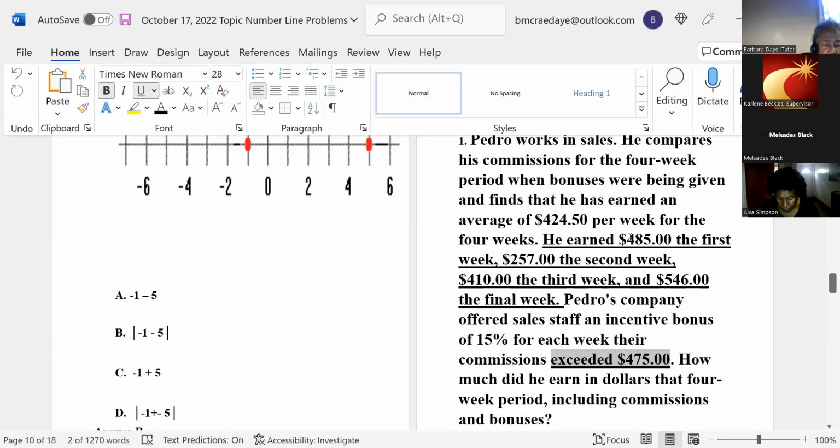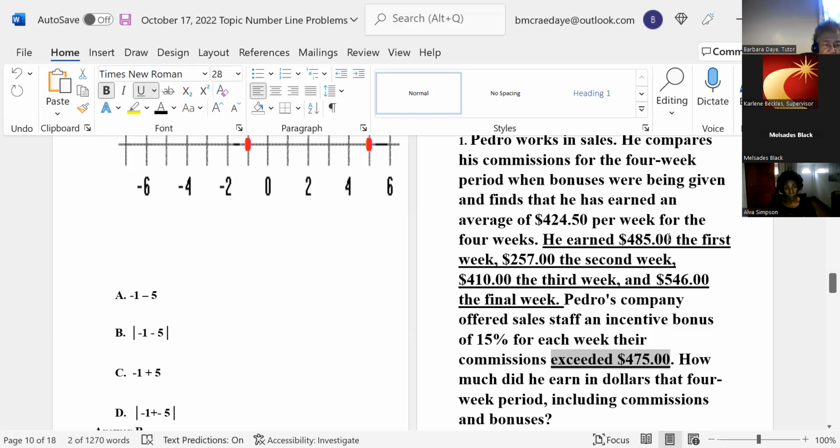The first week he earned more than 475. There's one other week he earned more than 475. What week was that, Michelle? The third. Third week was 410. I'm sorry, I'm seeing it incorrectly. Let me see.